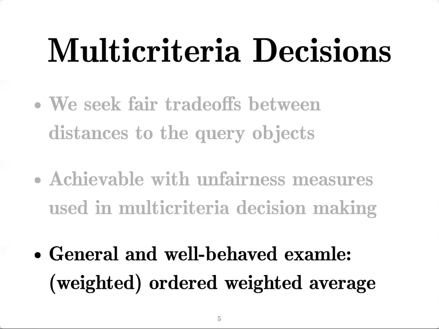The difference is that the values are sorted before the weights are applied, so that we can give different weights based on whether a value is the minimum or the maximum and so forth. And this allows us to create fairness and unfairness measures. The weighted version also allows us to attach weights to the dimensions themselves, regardless of whether they're the maximum or the minimum and so forth.